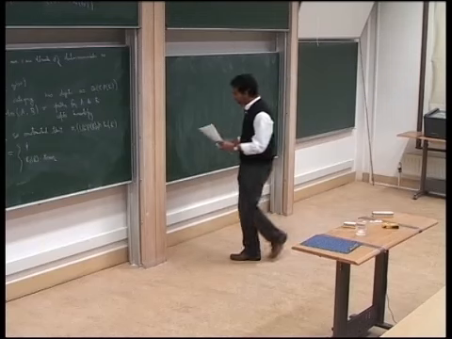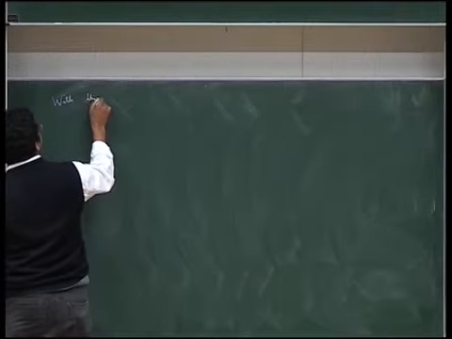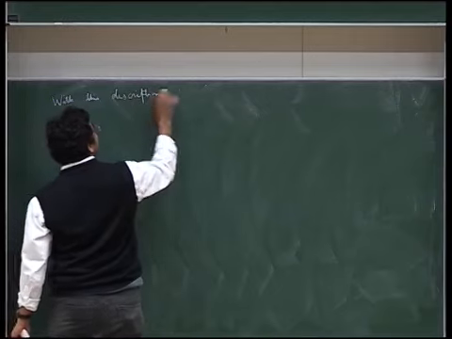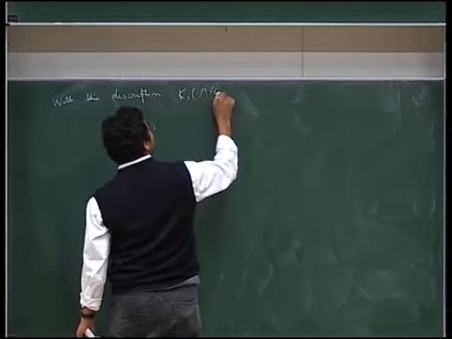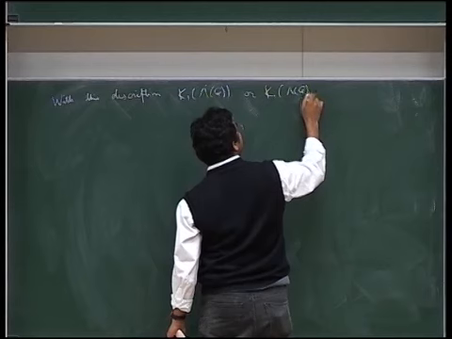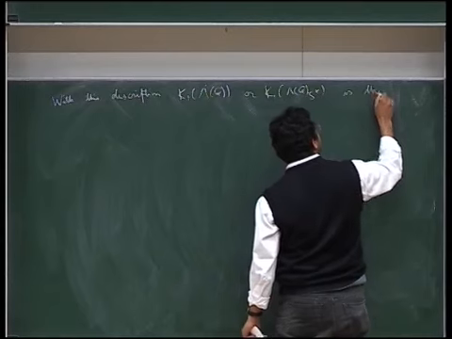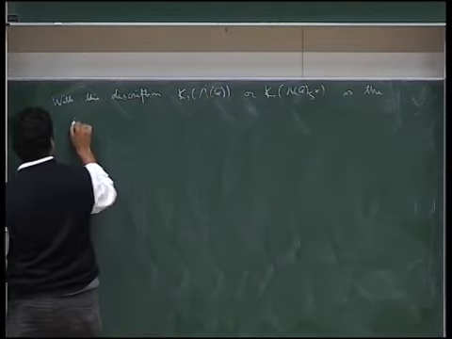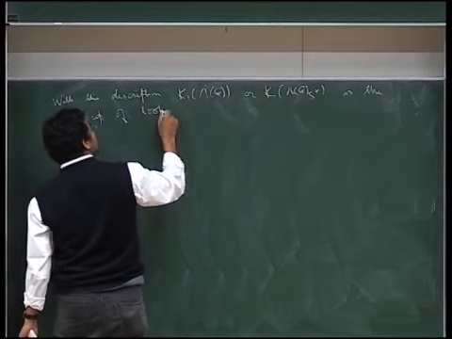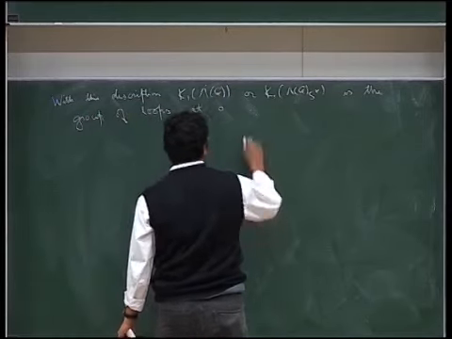Okay, so with this description, K1 of lambda G or K1 of lambda G S star is the group of loops at 0 up to homotopy.